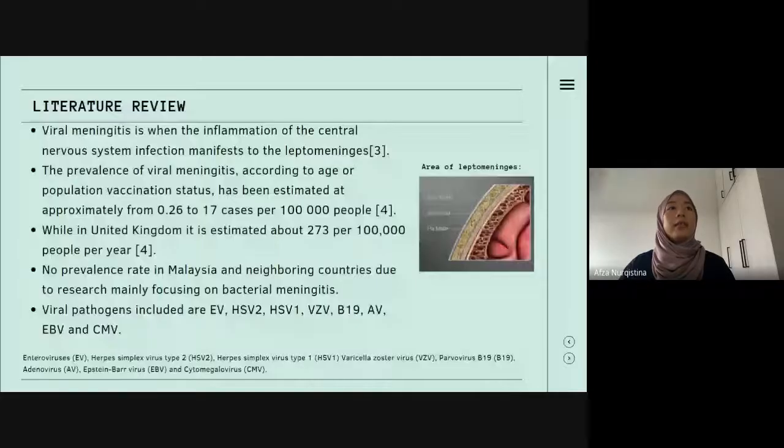And the prevalence of viral meningitis according to age or population vaccination status has been estimated at approximately 0.26 to 17 cases per 100,000 people, while in the United Kingdom it is estimated about 273 per 100,000 people per year. Then there is no prevalence rate to obtain in Malaysia and neighboring countries, as many research are mainly focusing on bacterial meningitis. So the viral pathogens included in this disease are EV, HSV2, HSV1, VZV, B19, AV, EBV, and CMV.